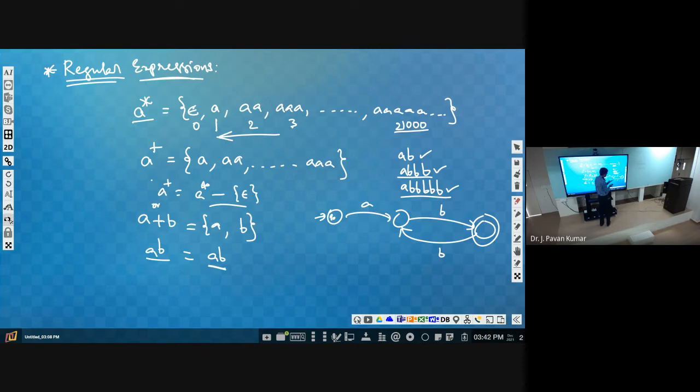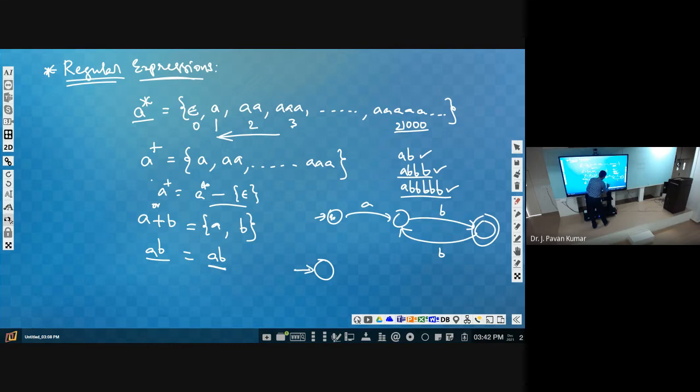Similarly, for every finite automata, we could give a certain set of strings. Okay, if a string can be generated from the given formula, then we can say that it is being accepted. Try to understand one more, or I will draw one simple thing.